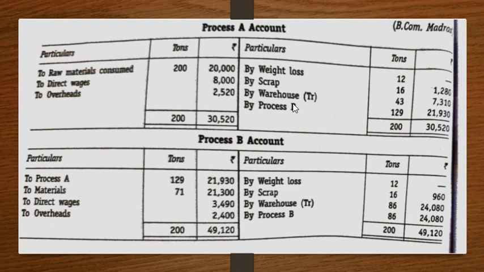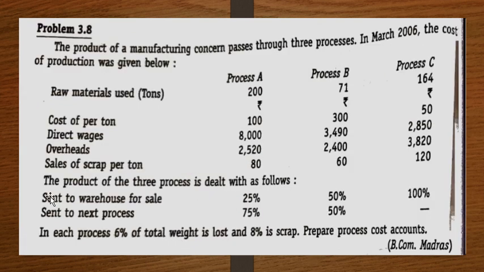Why we have the warehouse here is, in the question it states that 25% is transferred to the warehouse for sale, and 75% is transferred to the next process. So out of the number of units which is left over, 25% is transferred for sale, and 75% for the next process.